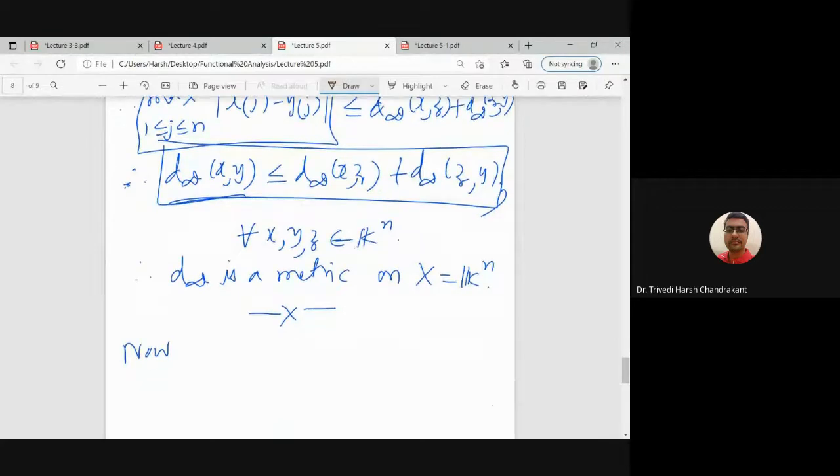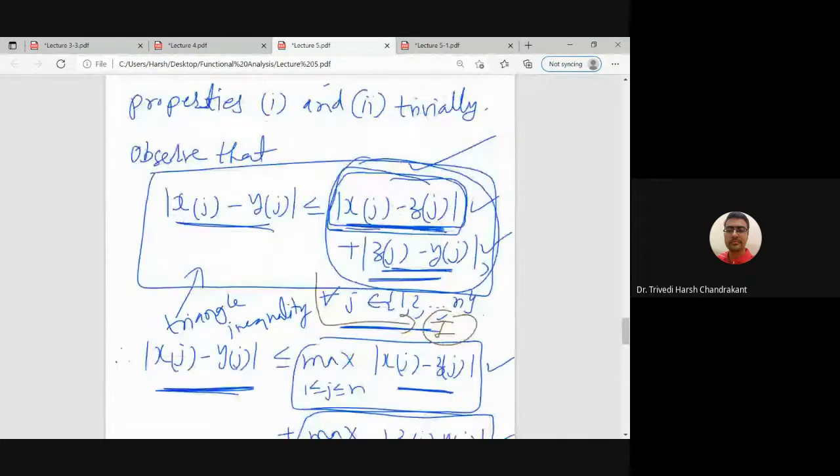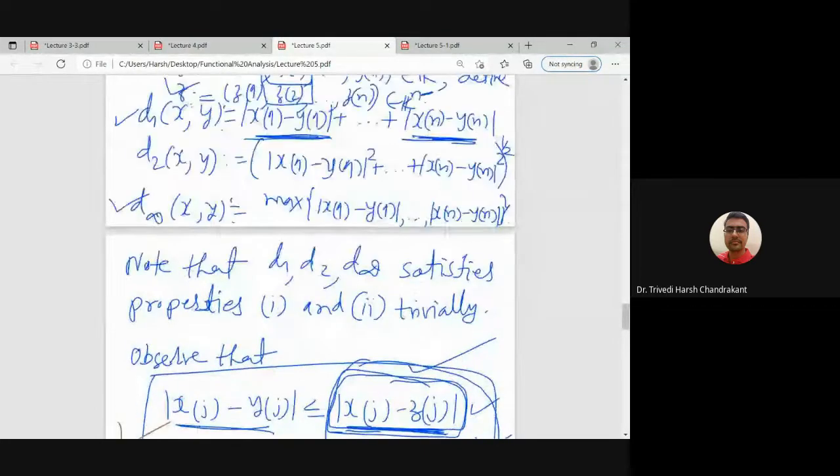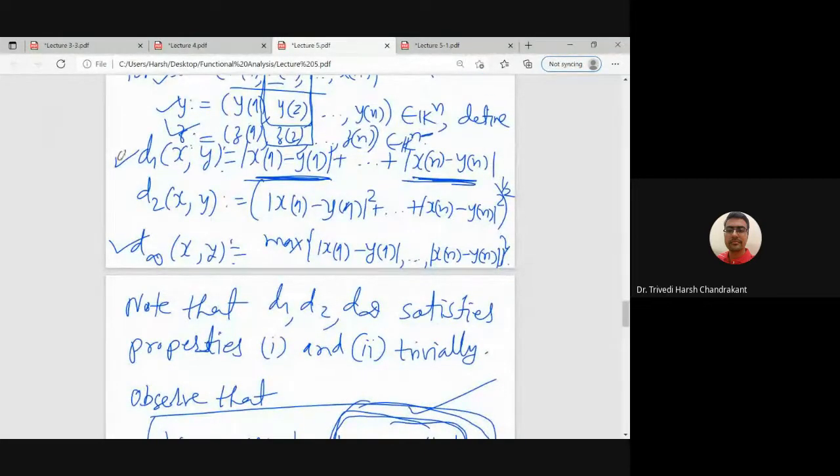So now using equation 1, we get. So what is equation 1? Equation 1 is the triangle inequality in real numbers, and using this we want to prove the triangle inequality with respect to the first metric now.